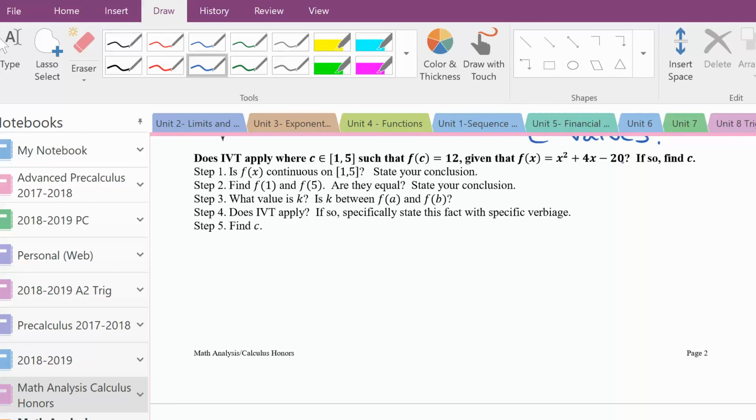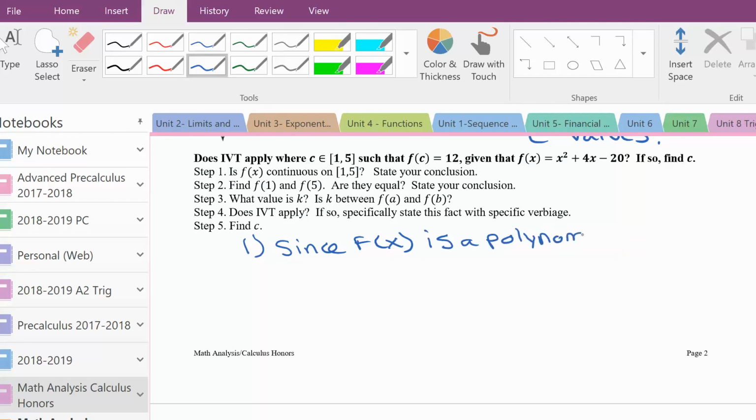So the first step, is the function continuous on the interval of 1 to 5? And the answer is yes. Why? Because f of x is a polynomial, and all polynomial functions are continuous.